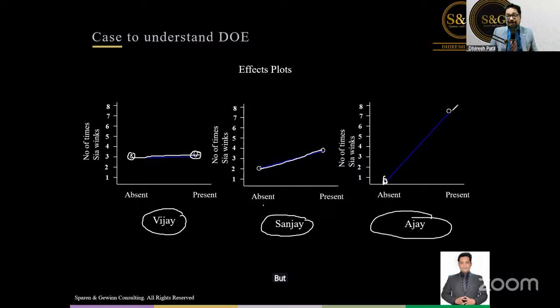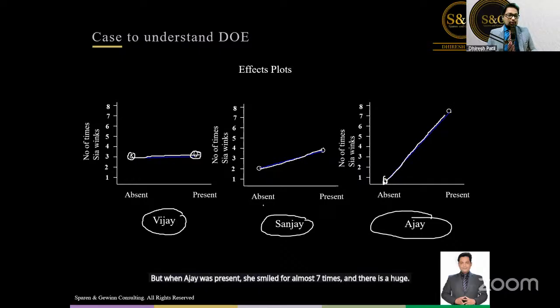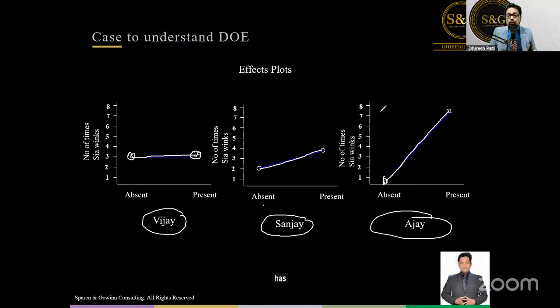But when Ajay was present, she smiled almost 7 times, and there is a huge slope here. That means Ajay's presence or absence has a huge impact on Sia's smile. This is the impact and this is called slope.